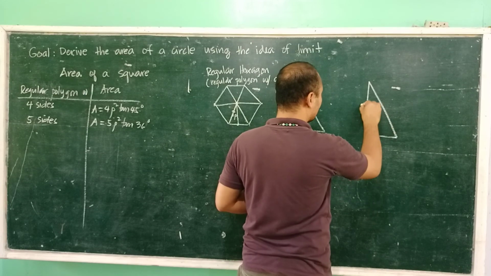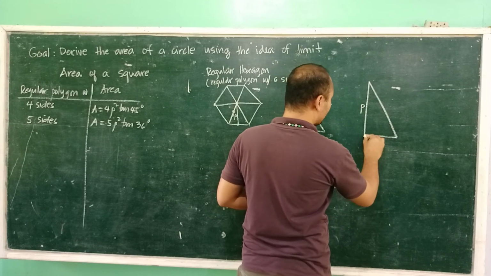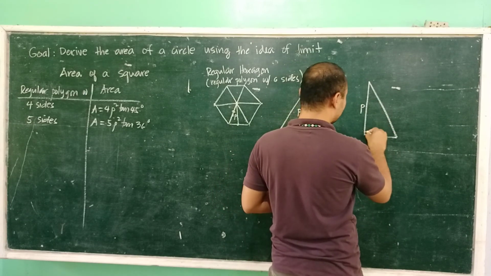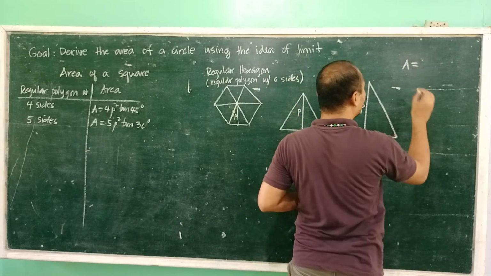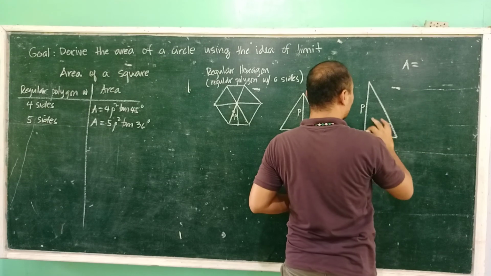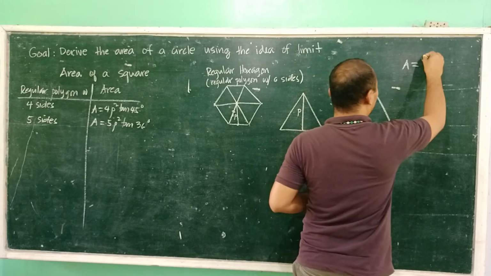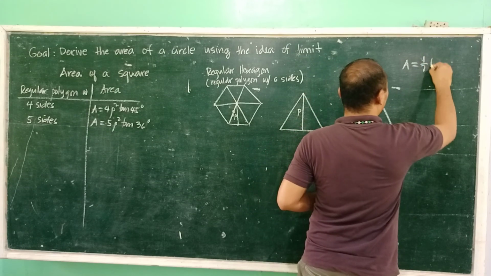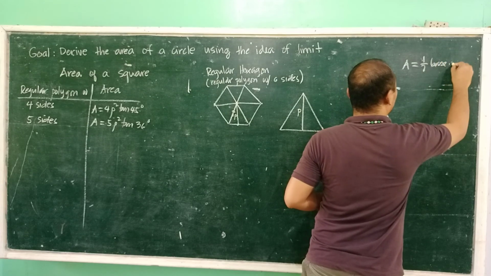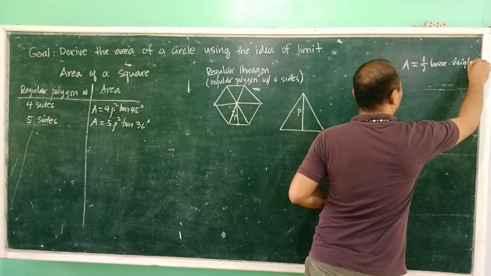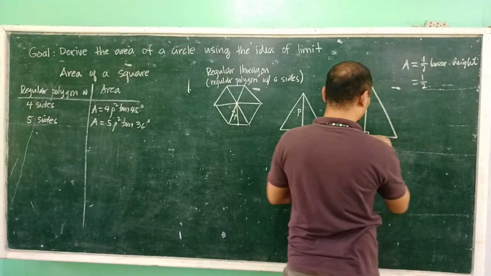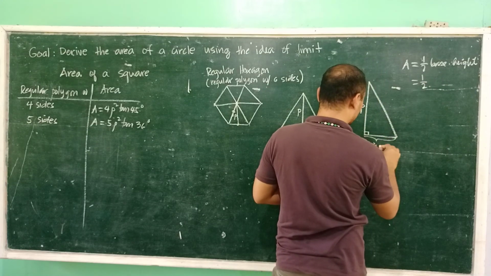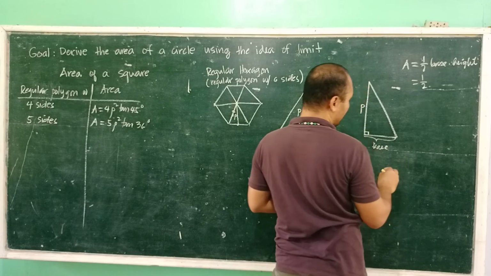So this is p. Now, of course, this is the right angle. The area of this triangle is 1/2 base times height. We do not know how much the base is, but let's just label it as base.